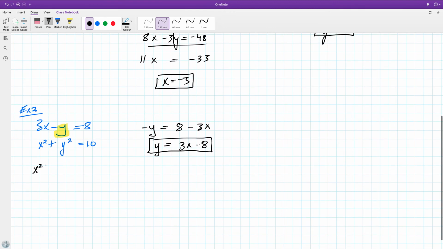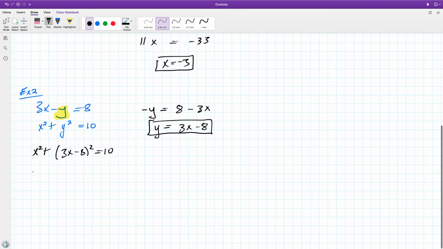Then that's x squared plus, subbing it in here, (3x minus 8) squared is equal to 10. x squared plus, square the first, 9x squared, twice the first by the second, is minus 48x, square the last, plus 64, is equal to 10.